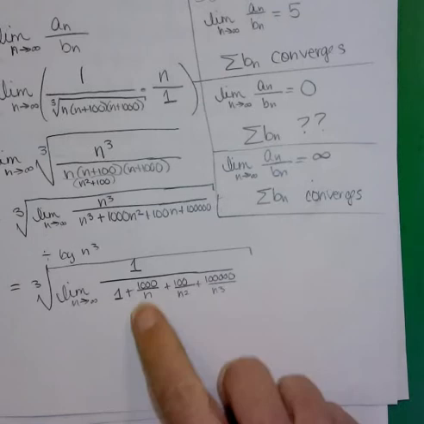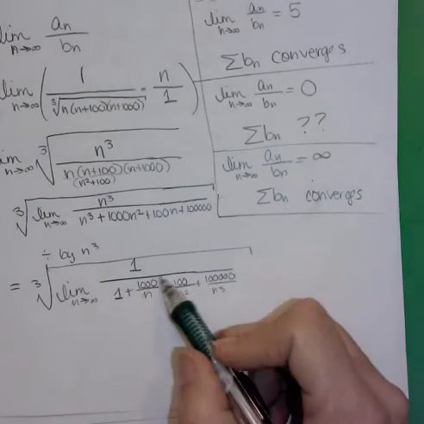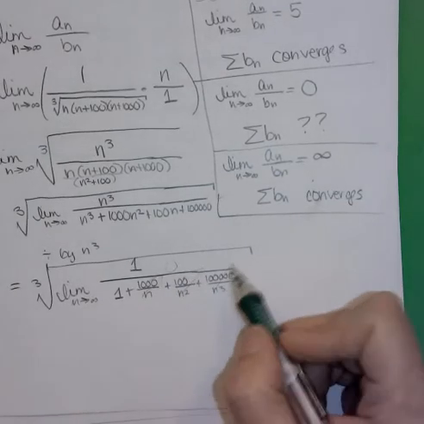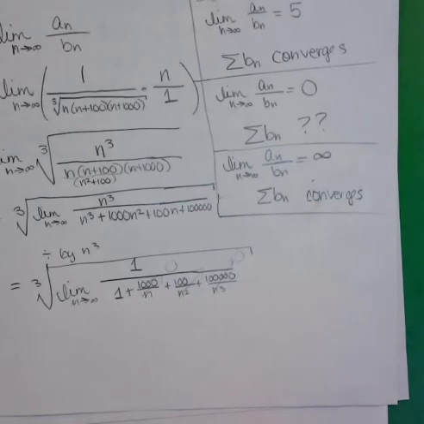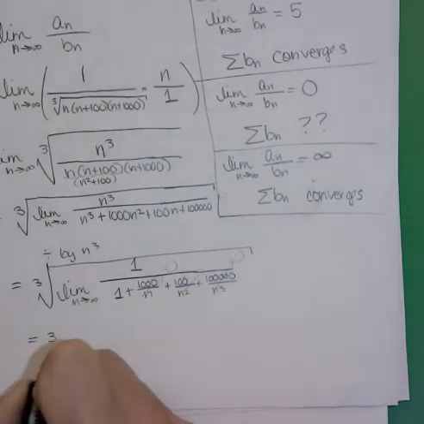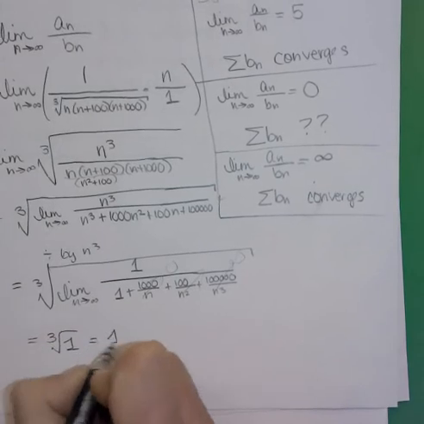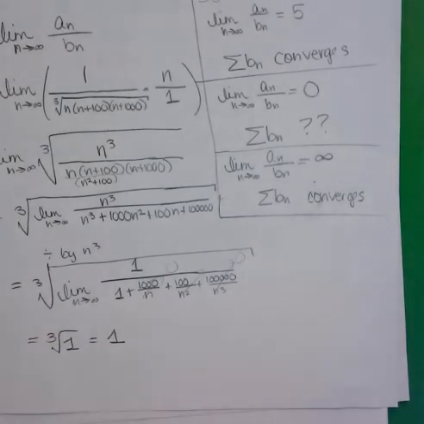But all of these three terms in the denominator just go to 0. So I just have 1 over 1. So I have the cube root of 1, which is 1. So when n is really big, a sub n and b sub n are approximately equal. And since the series for b sub n diverges, then that means our series diverges.